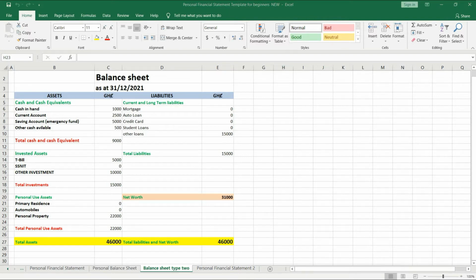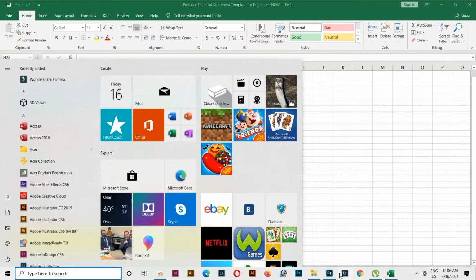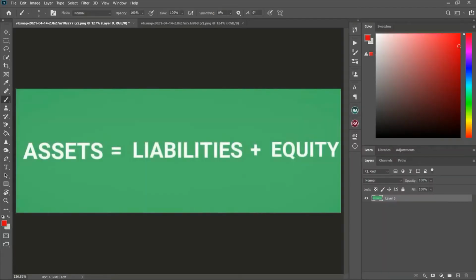We have what we call the accounting equation. Now, this equation is very, very delicate. It's the foundation of what accounting stands for. You see, assets equals liability plus equity.